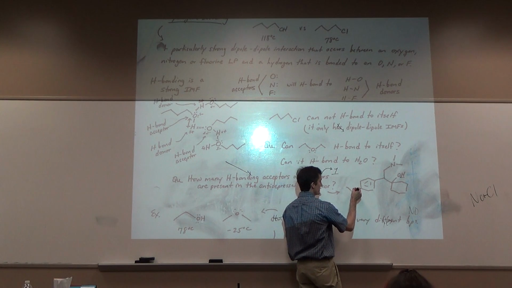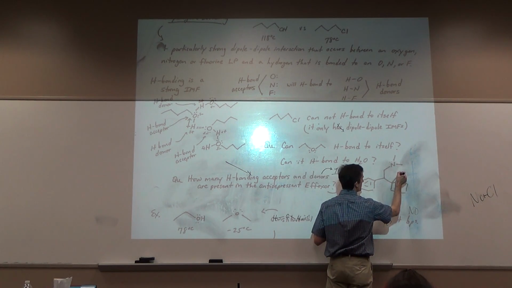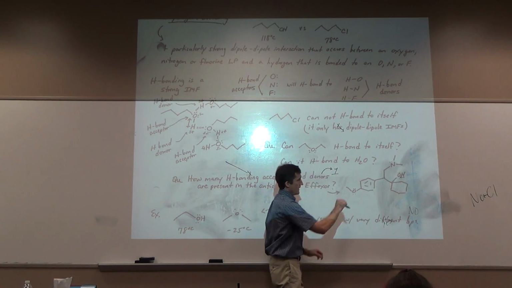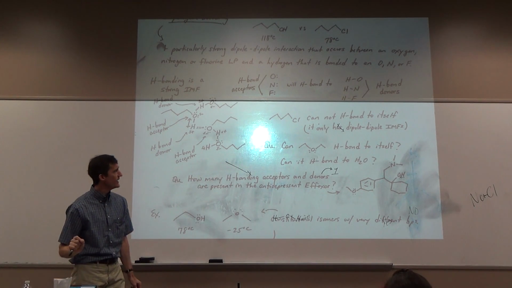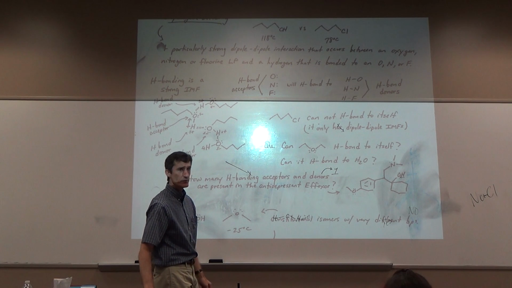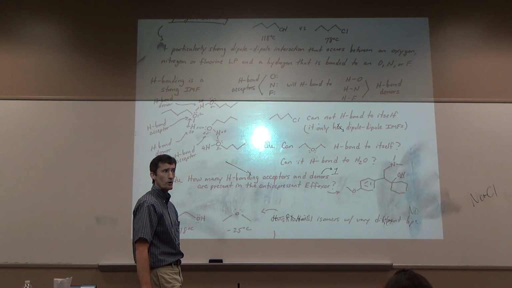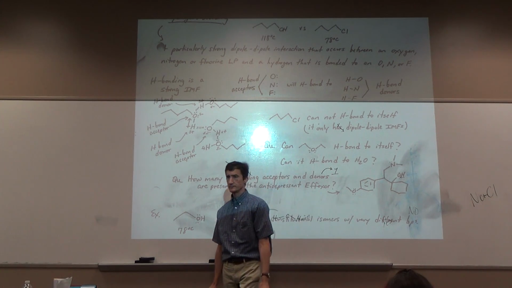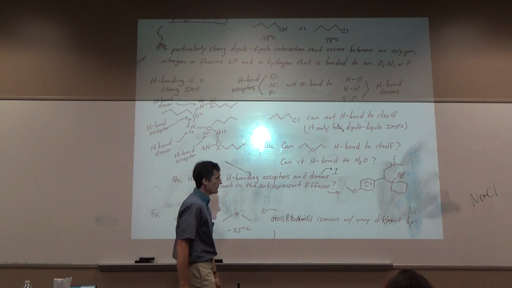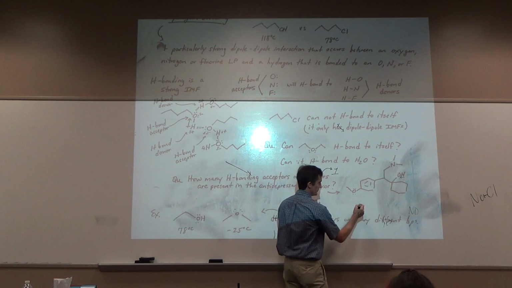Okay, here's where the vagary comes from in the question. There are 5 lone pairs. Is each one an acceptor? Or is it just the oxygen as one? Can each lone pair do a hydrogen bond?